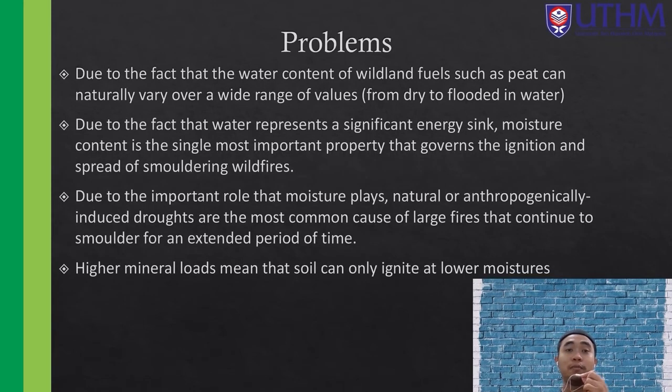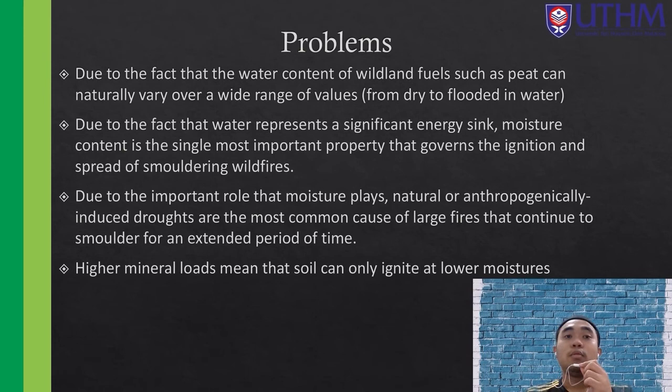The problem for my topic is due to the fact that the water content of wild landfills such as peat can naturally vary over a wide range of values, from dry to fluid in water. Second, because water represents a significant factor, moisture content is the single most important property that governs the ignition and spread of smoldering wildfires.